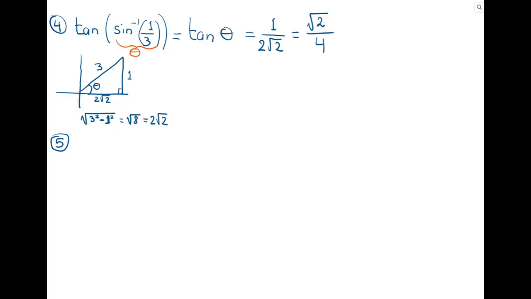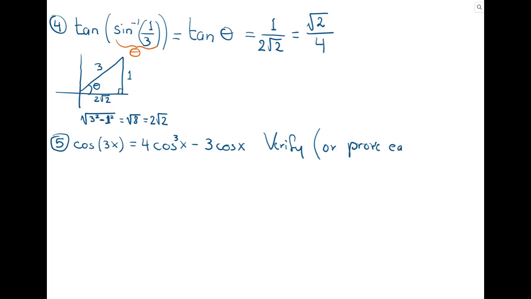So if I had to verify, for example, let's do one that's a little bit more involved. Cosine of 3x is equal to 4 cosine cubed x minus 3 cosine x. And what we have to do is verify this identity or prove it. Verify, some people say prove. Prove equality. So we need to prove this is a true equality.